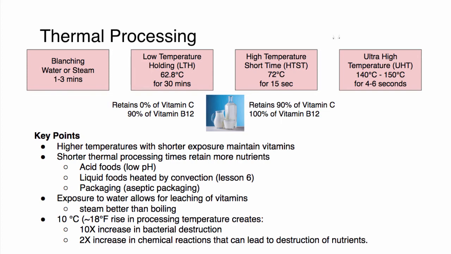If we want to compare what happens to vitamin C or vitamin B12 under these different processing techniques, if we look at milk, low temperature holding retains 0% of vitamin C and 90% of vitamin B12, whereas with this increase in temperature and huge decrease in time, you retain 90% of vitamin C and 100% of vitamin B12.